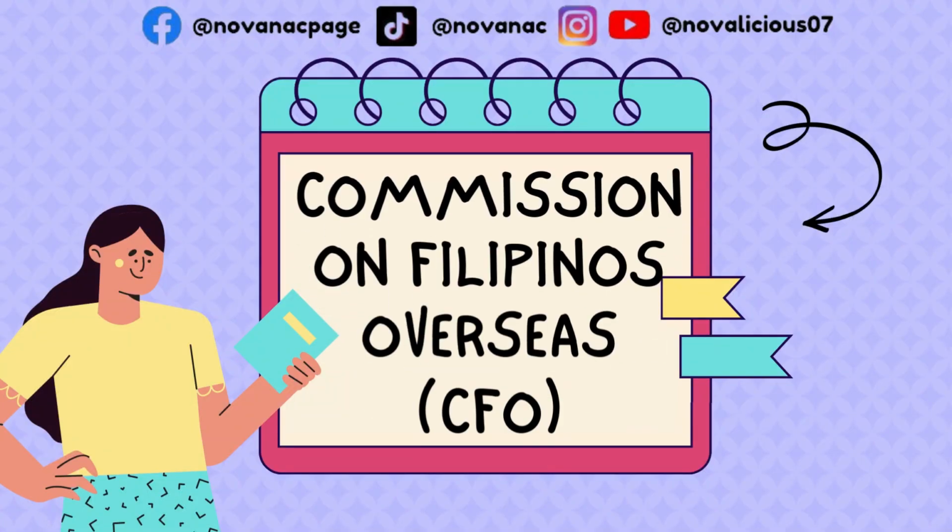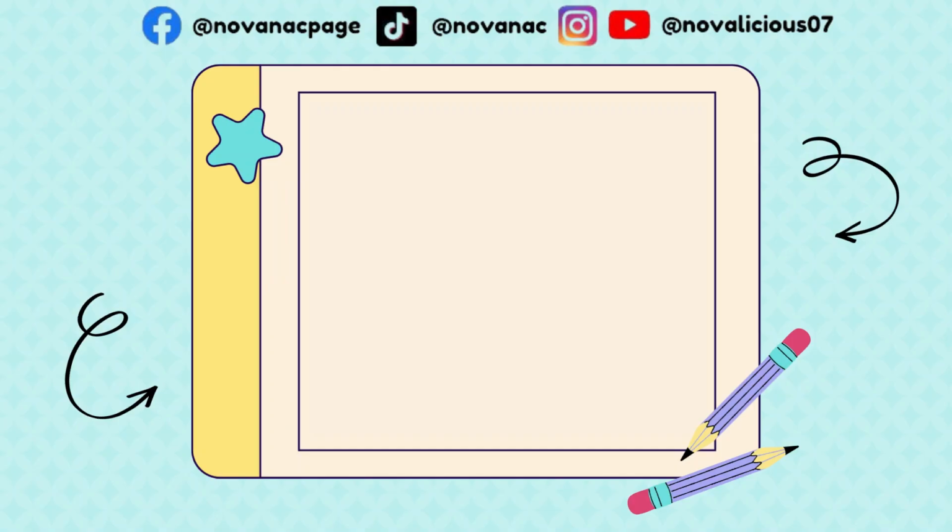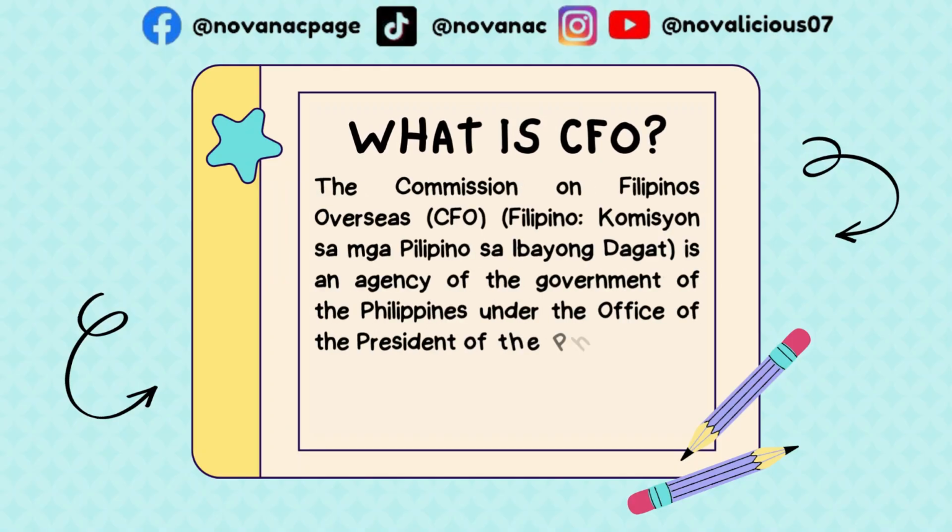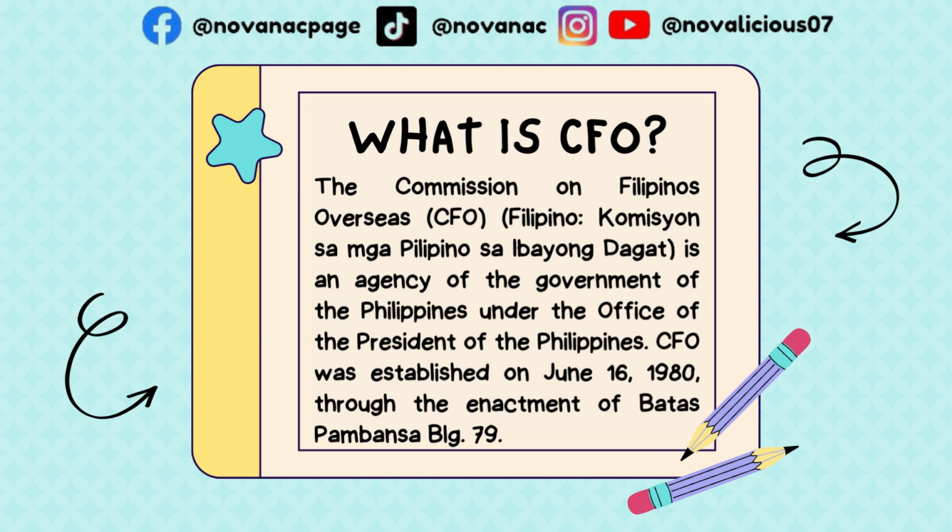What is CFO? So CFO stands for the Commission on Filipinos Overseas, an agency of the government of the Philippines under the office of the President of the Philippines. So CFO was established on June 18, 1980 through the enactment of Batas Pambansa Bilang 79.